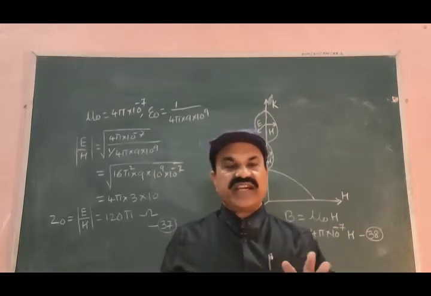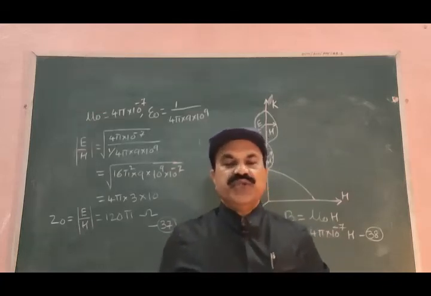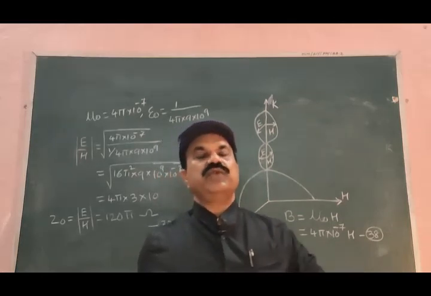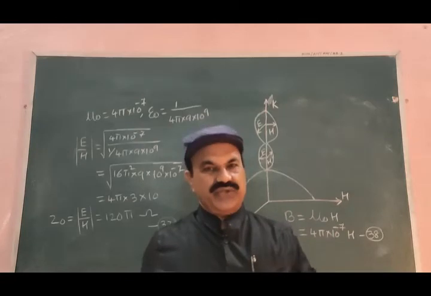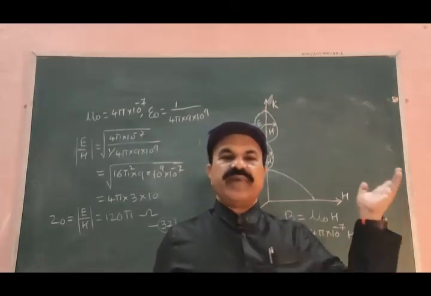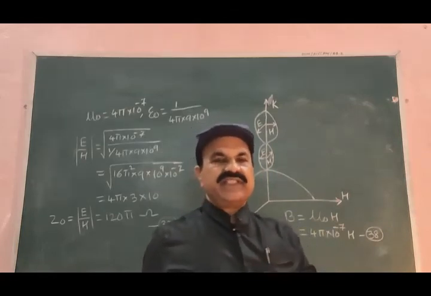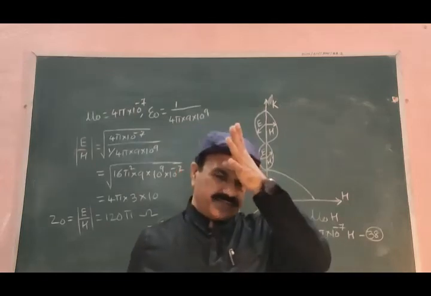There are no free charges in free space, and therefore rho is also 0. So, using B is equal to mu 0 H, D is equal to epsilon 0 E, J is equal to 0, rho is equal to 0, Maxwell's 4 equations were modified, and these Maxwell's 4 equations are then written for free space.